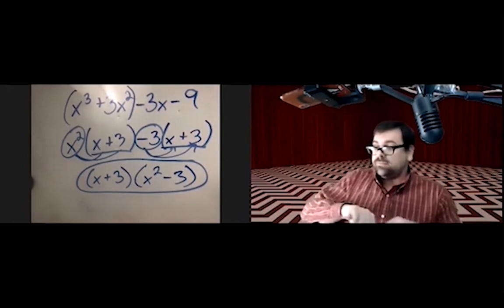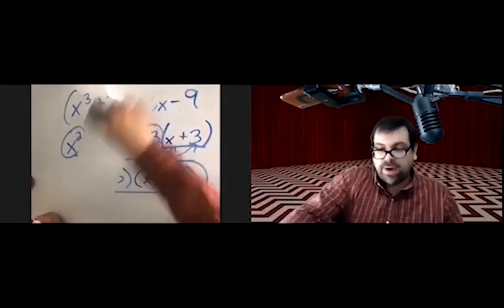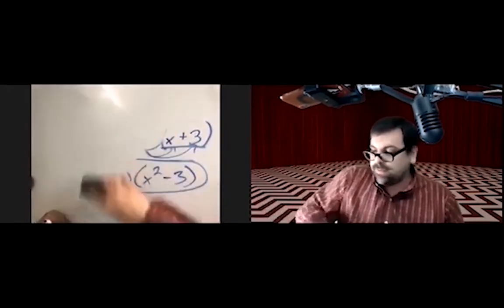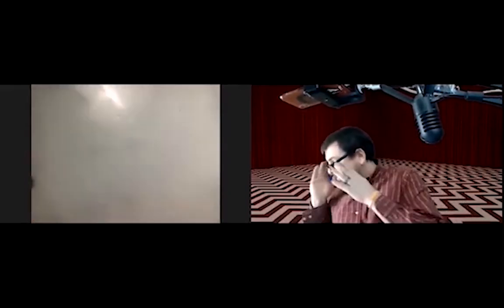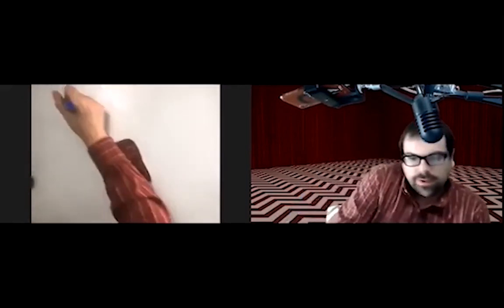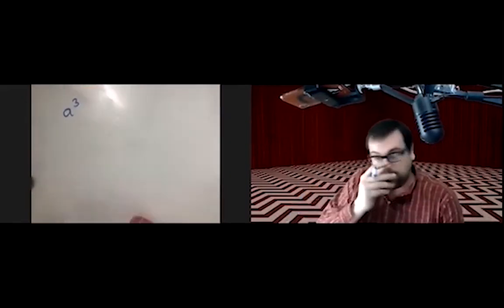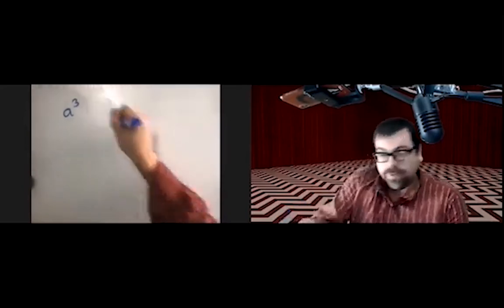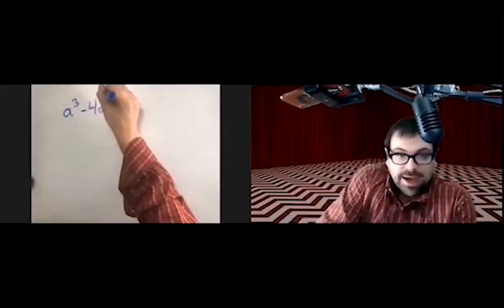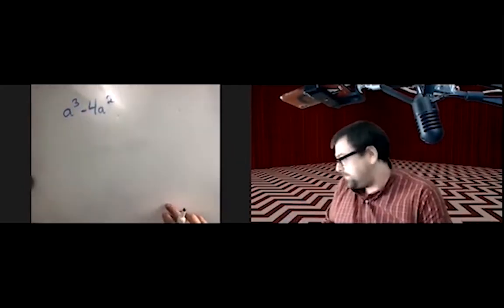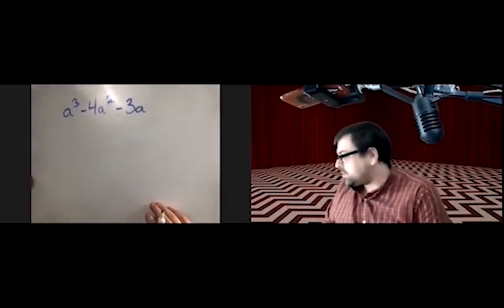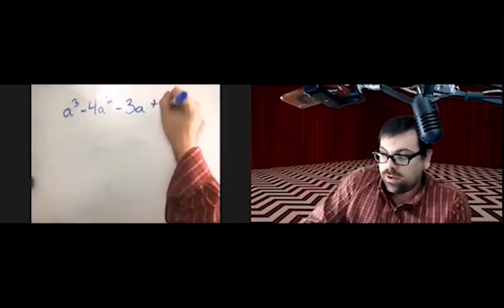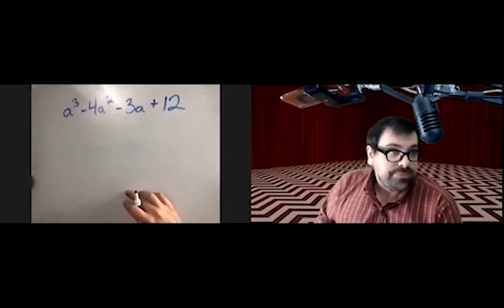Let's do it again. Practice, practice, practice. A cubed minus 4a squared minus 3a plus 12.